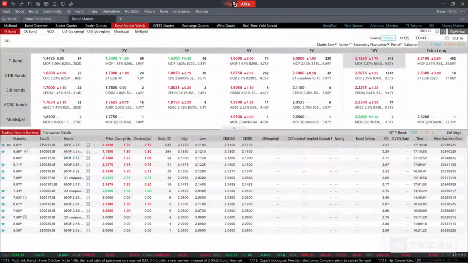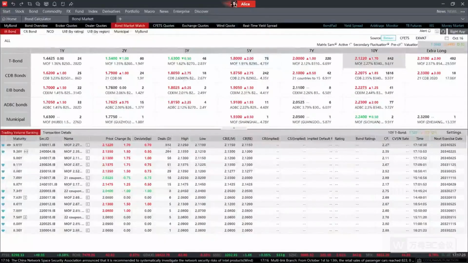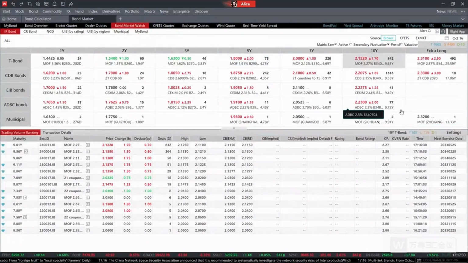This bond is the most frequently traded interest rate bond of the treasury bond, right? The deals are over about 842 today. So it is really easy for you to find such a matrix, and to get such a trading result.